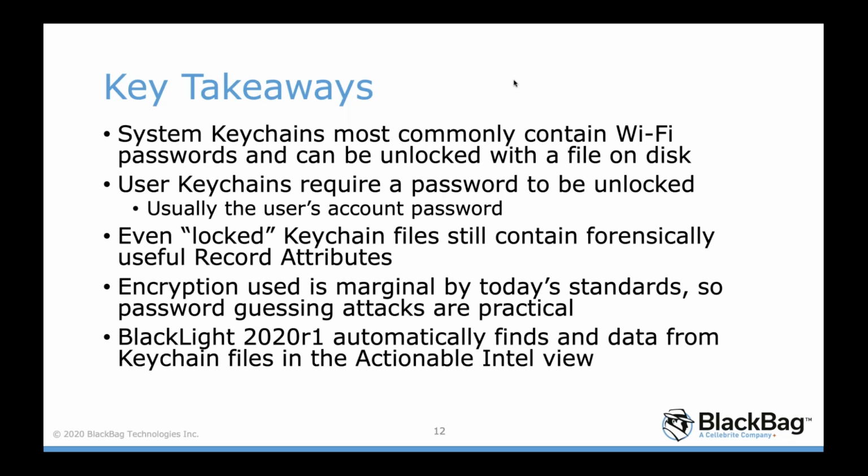But mostly the slowdown is due to how the algorithms themselves work, because they're intentionally slow to prevent these sorts of brute forcing attacks. But because they only use 1,000 iterations, it is possible. And with the upcoming version of Blacklight 2020 R1, it'll be able to automatically find and display the data from these keychain files in the actionable intel view, whether or not you've inserted the password.